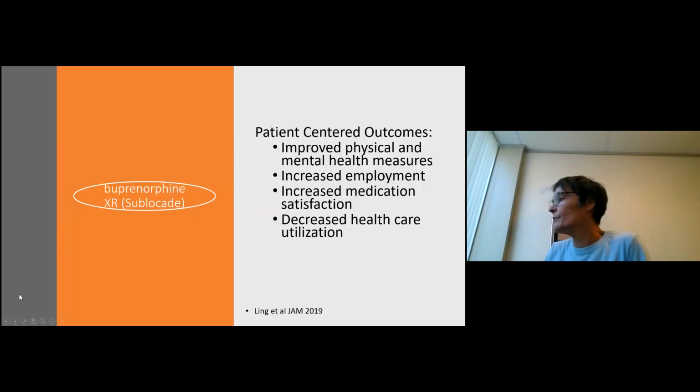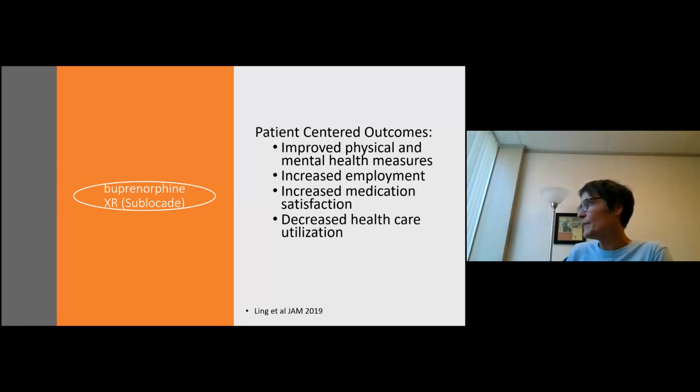And then I think one of the really interesting things is they've also studied patient-centered outcomes, for which we, particularly in substance use disorder treatment and research, we're so concerned with urine. And so it's really nice to see a study that isn't just about what did the urine show, but really how are people doing generally in their lives?